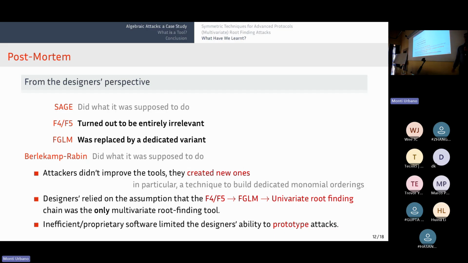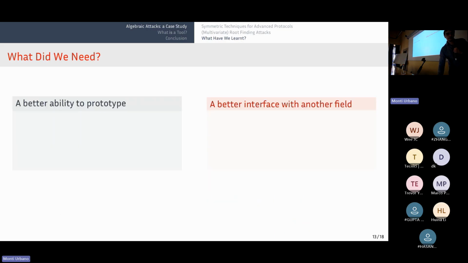Also, when we were trying to come up with an attack, both when we were designing and then when we were starting to attack the primitives, the lack of efficient software implementations of some of these algorithms was very annoying, because it was hard to even just try to interpolate a complexity. So what would we have needed?